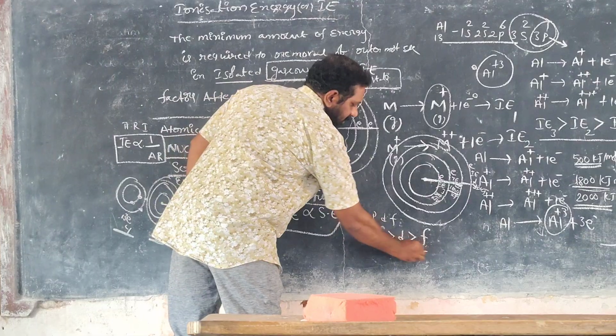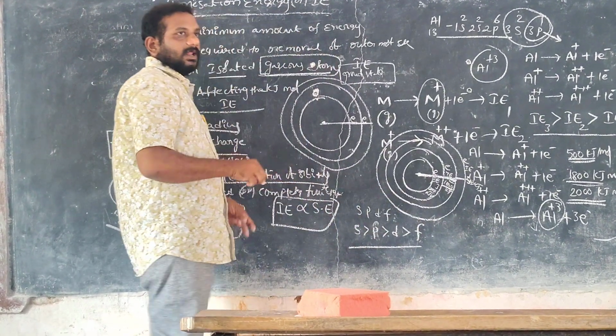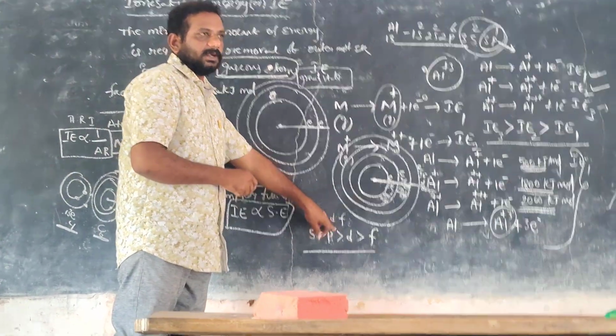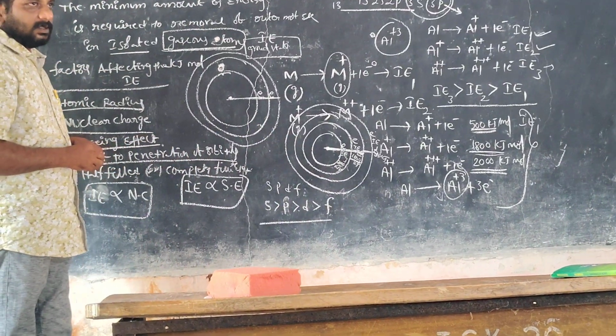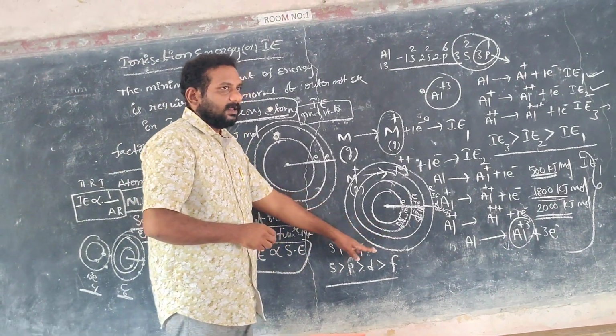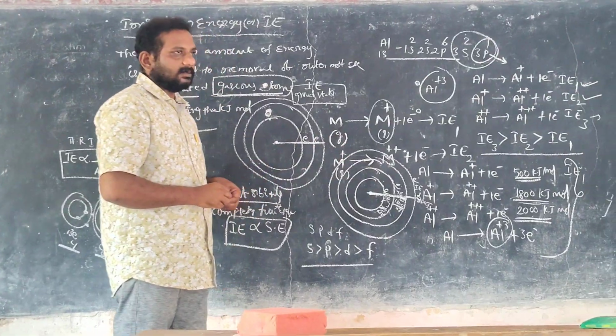What is the meaning of this? We first call the electron in the s orbital, then the p orbital, then d and f orbitals. When the penetration of orbitals increases, the ionization energy is very high.